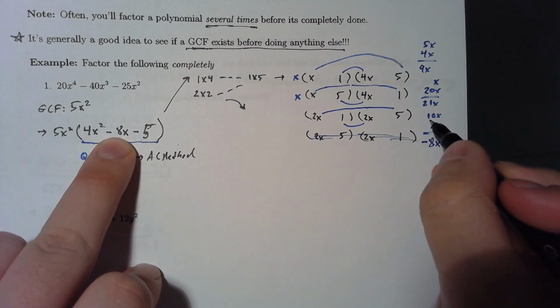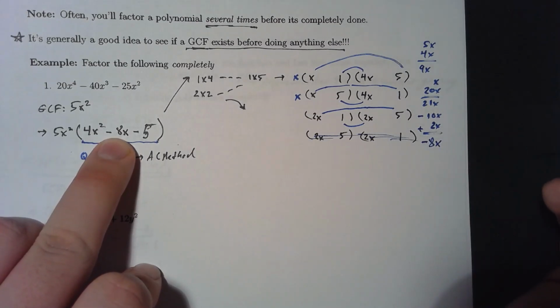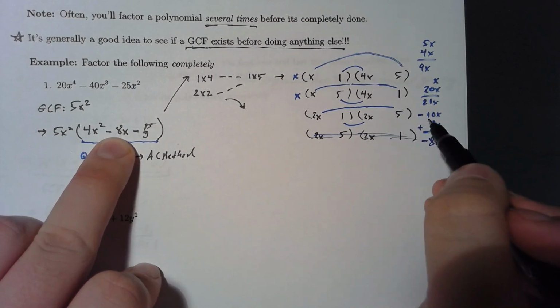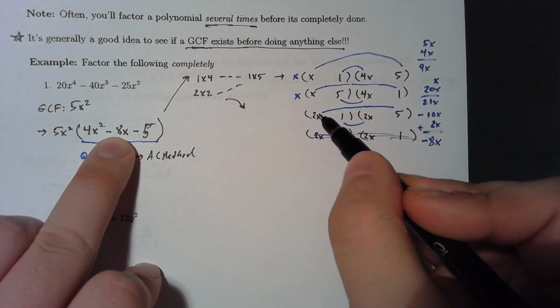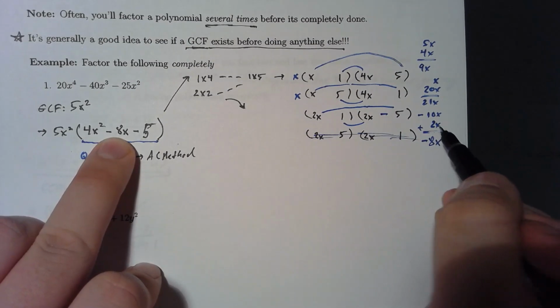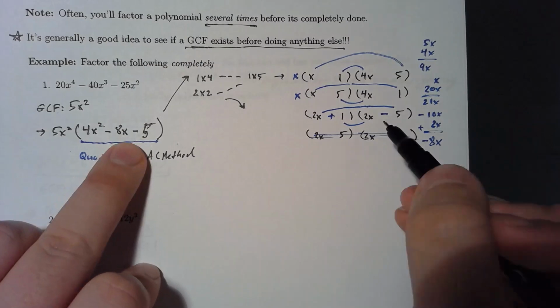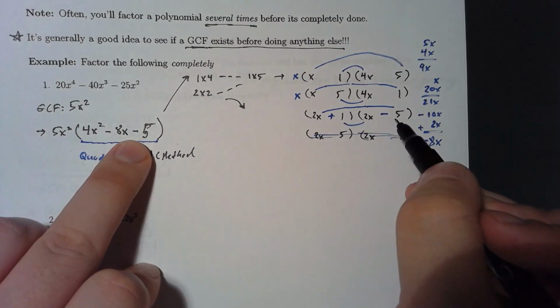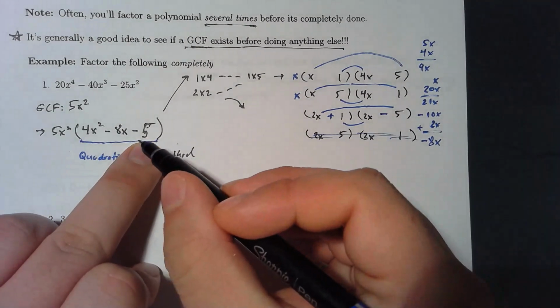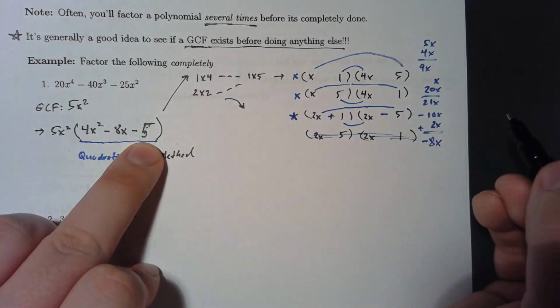In order for that to work, the 10x should be negative and the 2x should be positive. So the 2x and the 5 should be negative, and the positive 2x should be positive. Now the only thing I have to check is if 1 times negative 5 gives me negative 5. It does. So this one looks A-okay, baby.